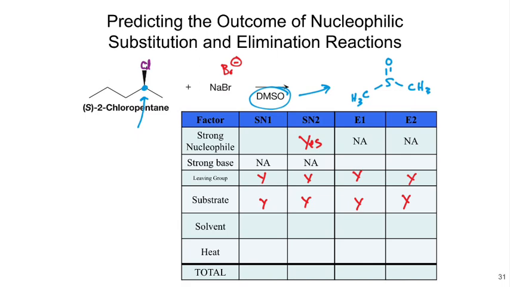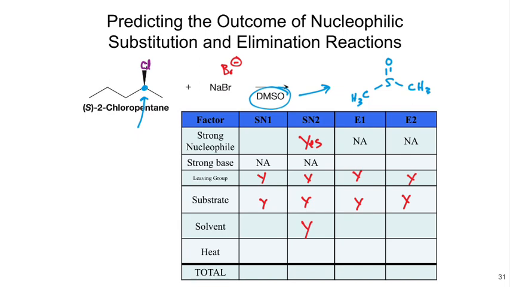Polar aprotic. Which mechanism favors polar aprotic? SN2. Okay. The eliminations were questionable at best, okay, and almost always protic solvents. Okay. The SN1 was for sure protic.